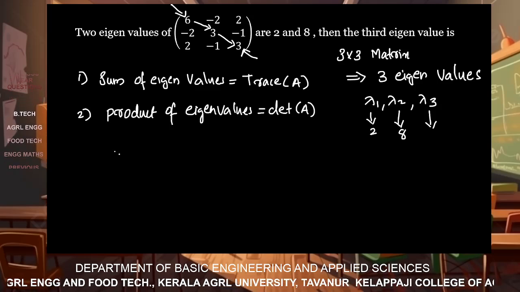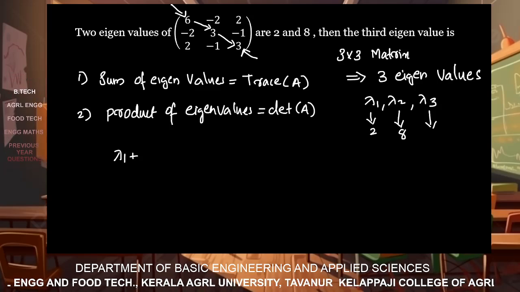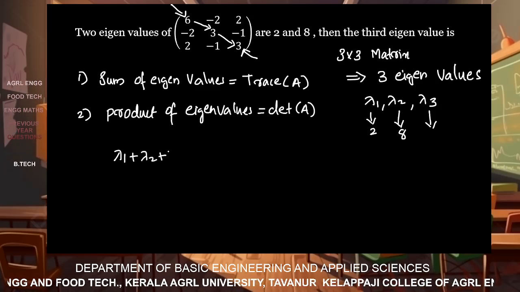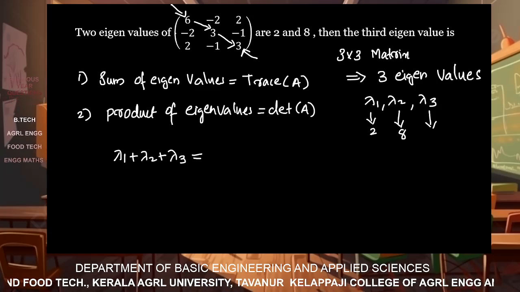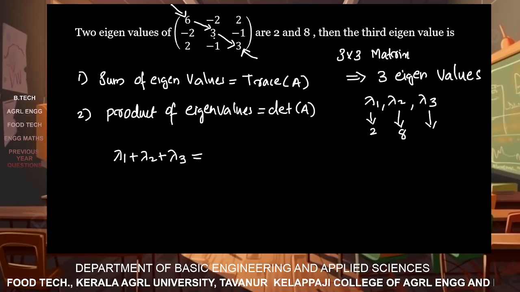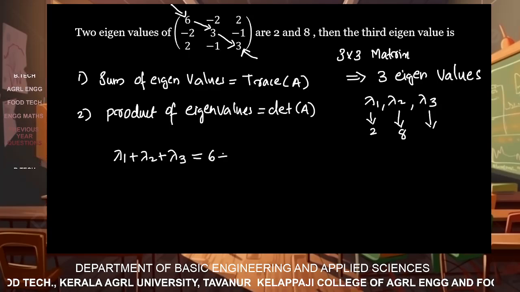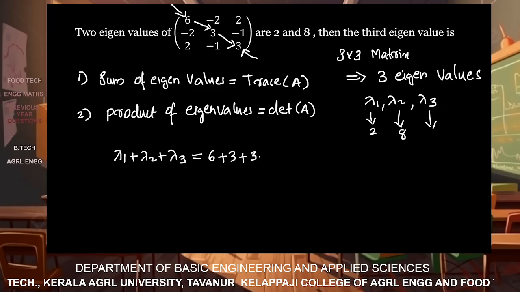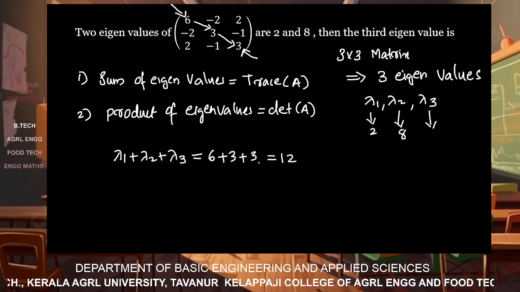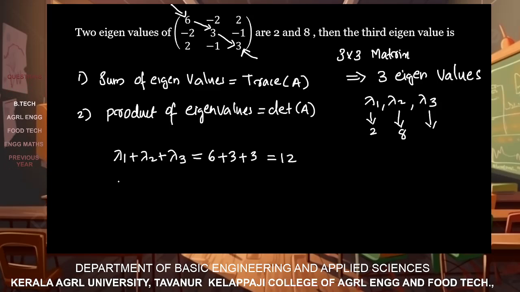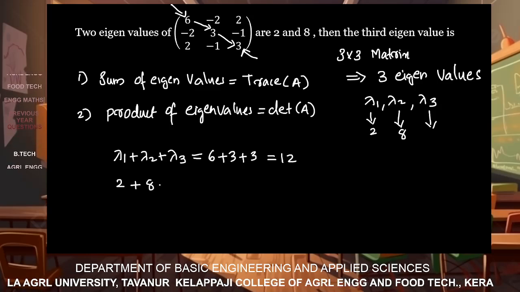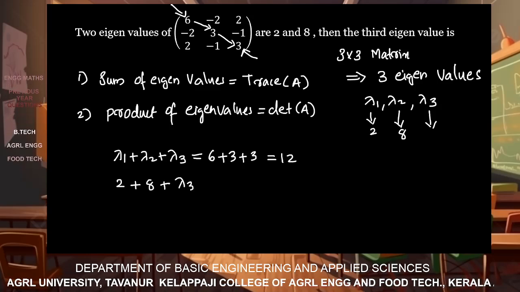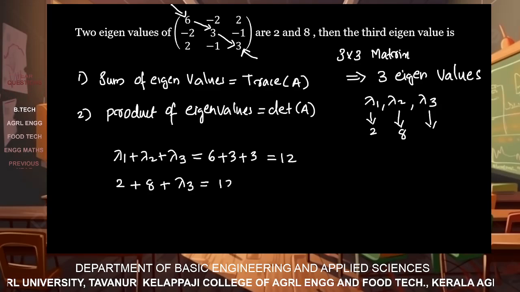So what about the sum? Lambda 1 plus lambda 2 plus lambda 3 is equal to the trace. What is our trace? 6 plus 3 plus 3, which is equal to 12. But we already know lambda 1 is 2 and lambda 2 is 8. What remains is to find the third eigenvalue.